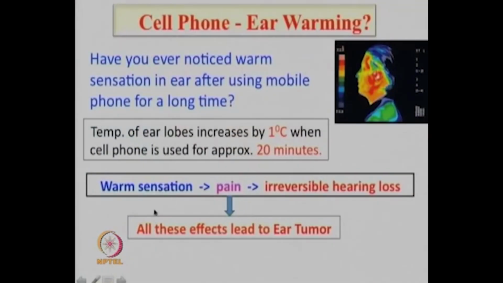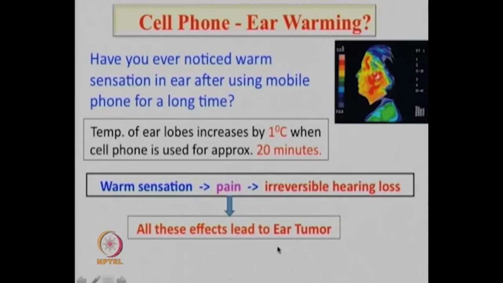But again we use it for 20 to 30 minutes, again the body temperature, or especially in this case the ear temperature, goes up, and then the same thing happens. So this hot blood is getting circulated again and again. If we use it for a much longer time, it starts with a warm sensation, and then leads to pain and also to irreversible hearing loss, which can be partial to full hearing loss, as well as ear tumor.